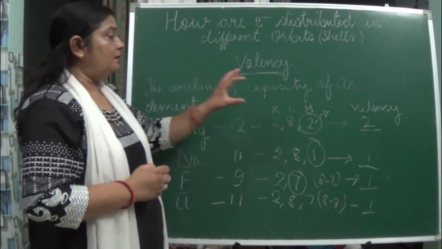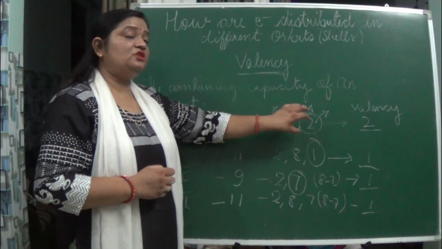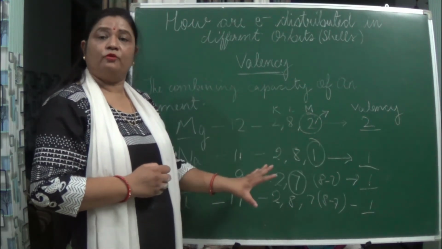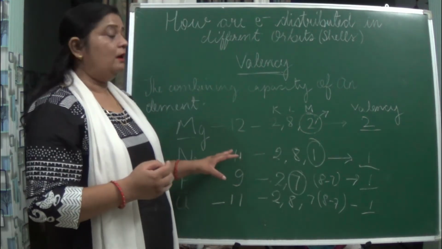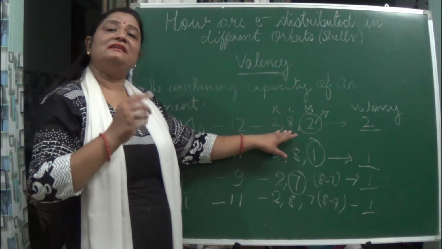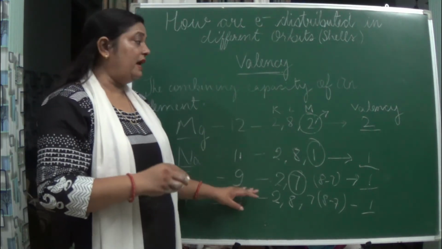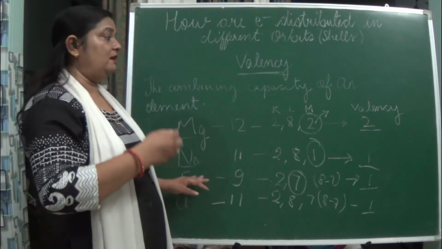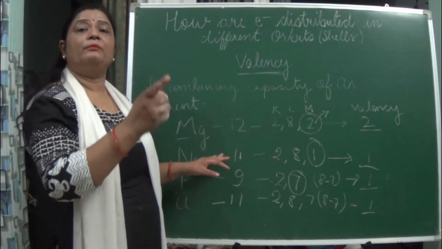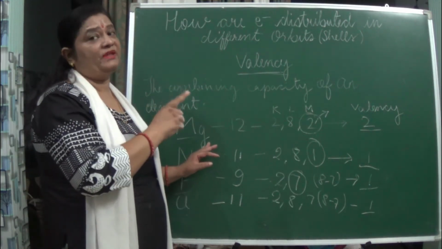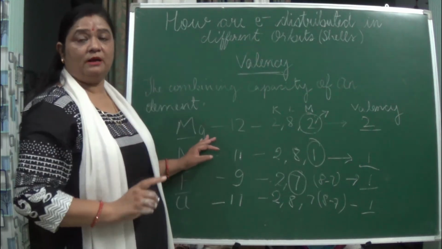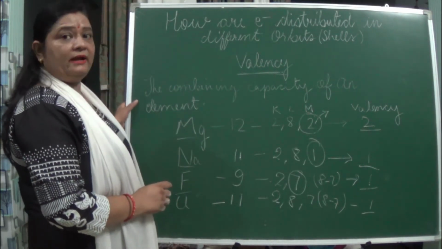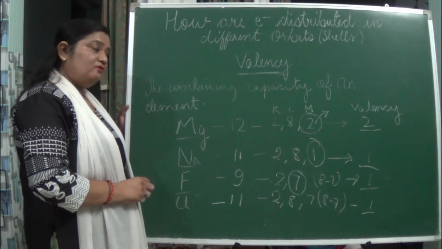So when the number of valence electrons is 1, 2, 3 or 4, the valency is that only. But if the valence electrons are 5 in the valence shell, you will subtract 5 from 8. So 8 minus 5 becomes 3. Getting? So in this manner you will take out the valency.